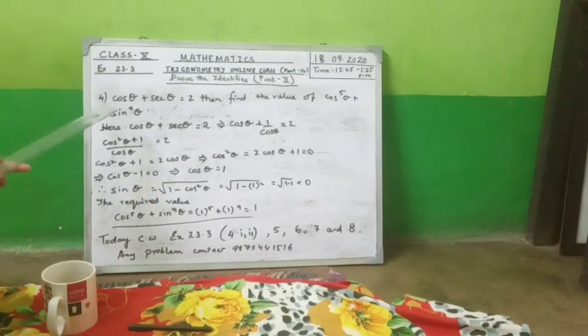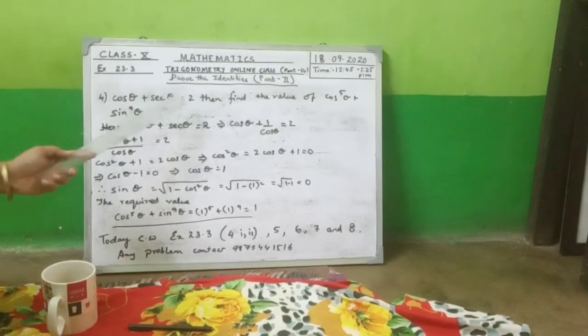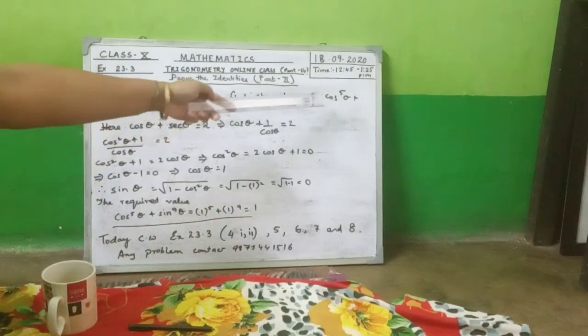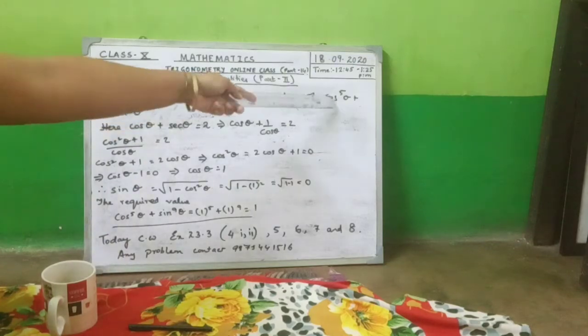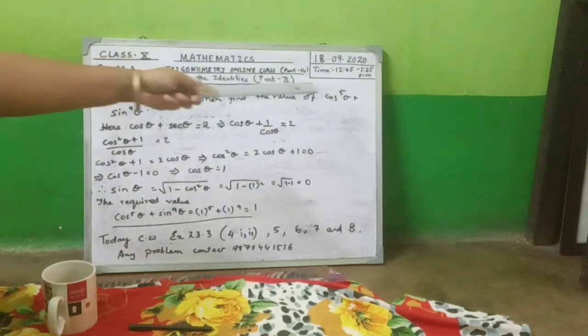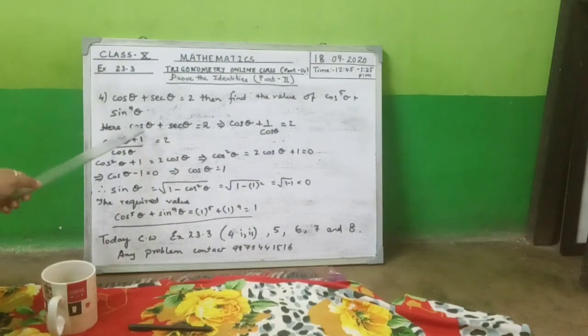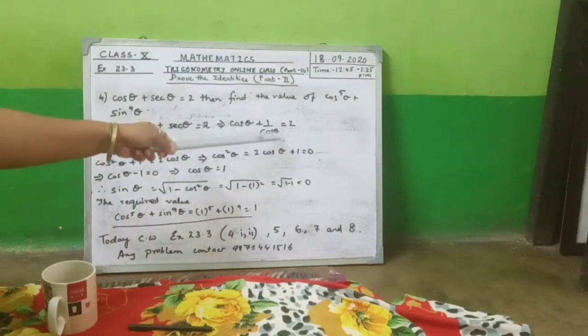Now next sum. Cos theta plus sec theta is equal to 2. Find the value of cos 5 theta plus sin 9 theta. So the power, instead of square, now it is 5 and 9. Here cos theta plus sec theta is equal to 2. So instead of sec theta, we can write cos theta plus 1 by cos theta.